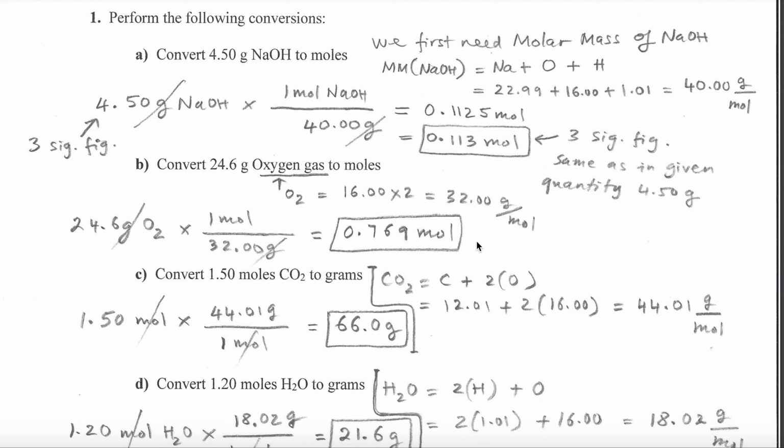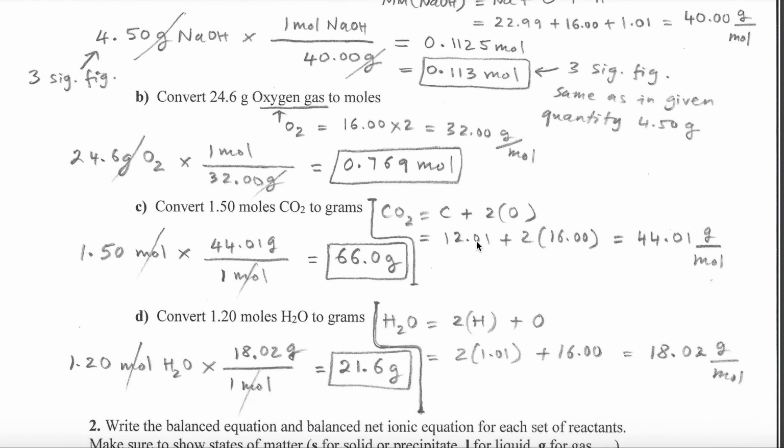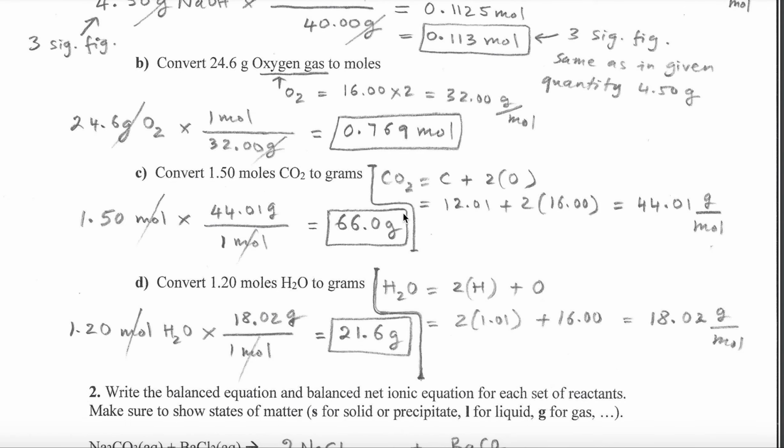Now it's the reverse conversion. We're going from 1.5 moles of CO2 to grams. We still need molar mass. CO2, we have 1 carbon, 12.01, plus 2 oxygens, 2 times 16. That should add up to 44.01 grams per mole. This time we're going to use it as is because we want to keep the grams on the top and moles on the bottom.